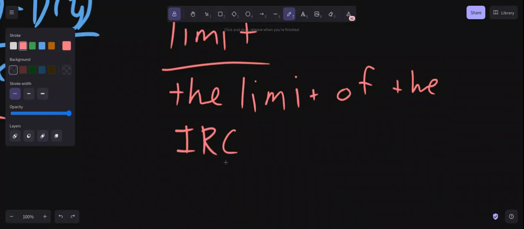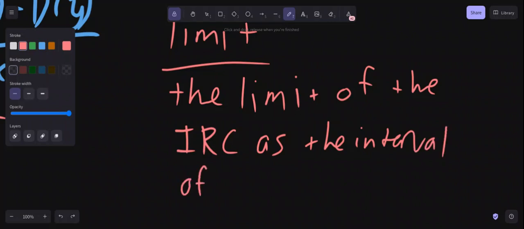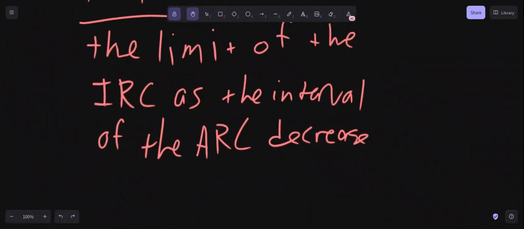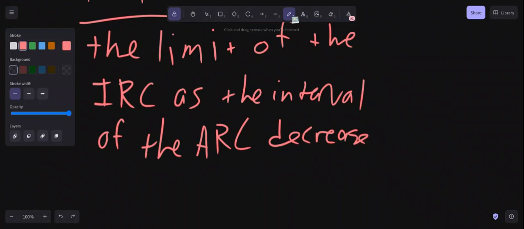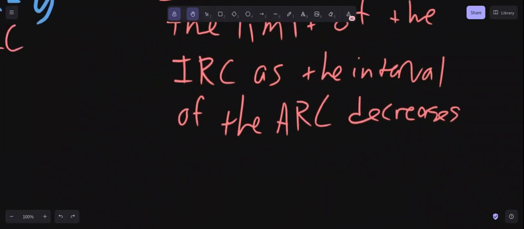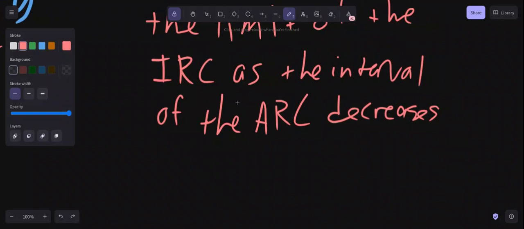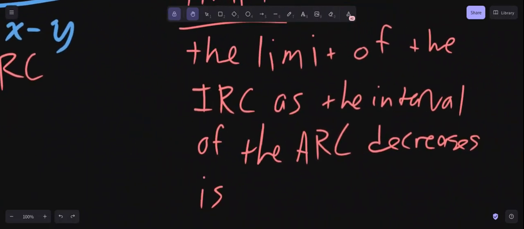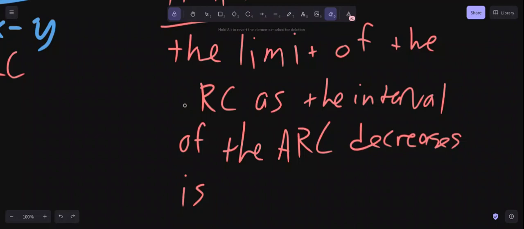The limit of the IRC as the interval of the ARC decreases is, wait, hold on, actually this should be ARC, that'll make more sense.